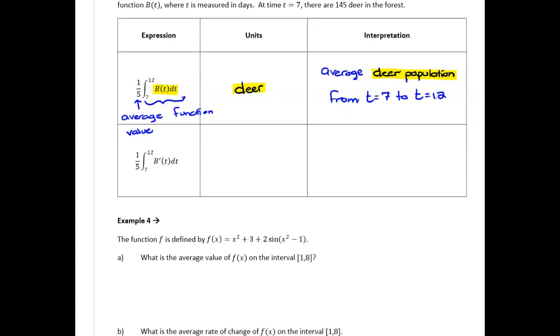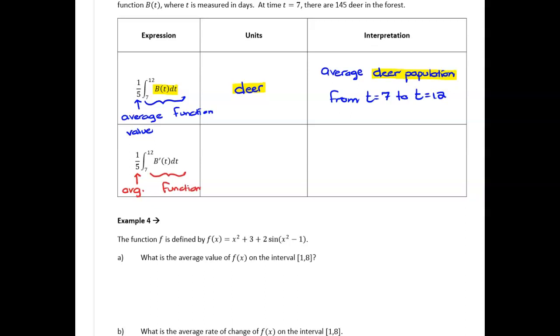All right, one minor change for this next one. Same thing here. We are calculating the average value of something. So this is our average value. But instead of figuring out the average value of b, we're finding the average value of b prime of t. So our function is b prime of t.